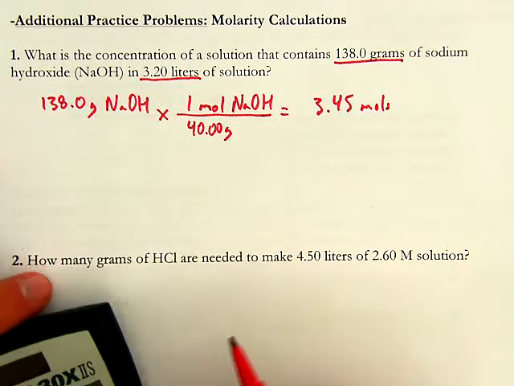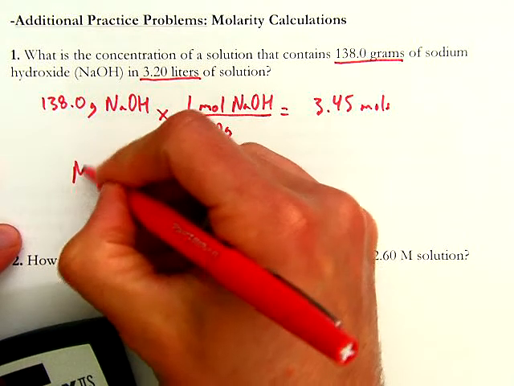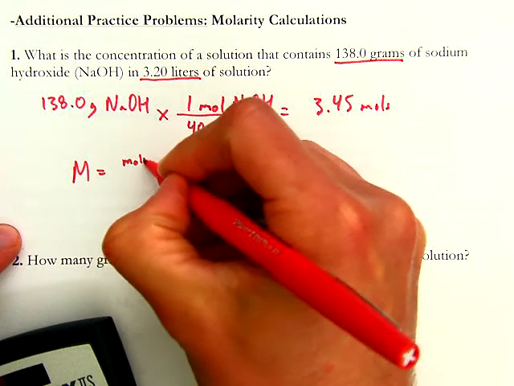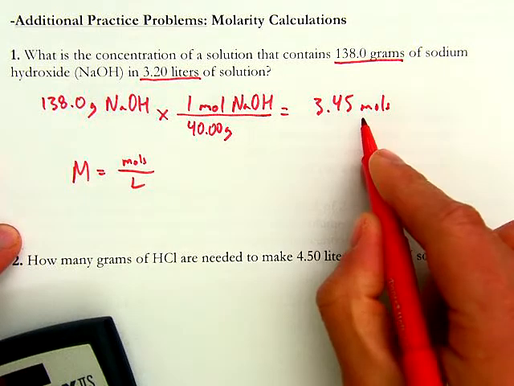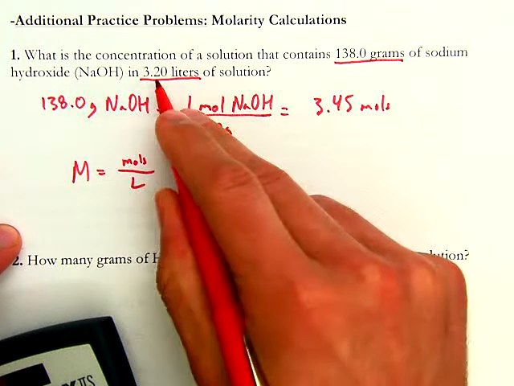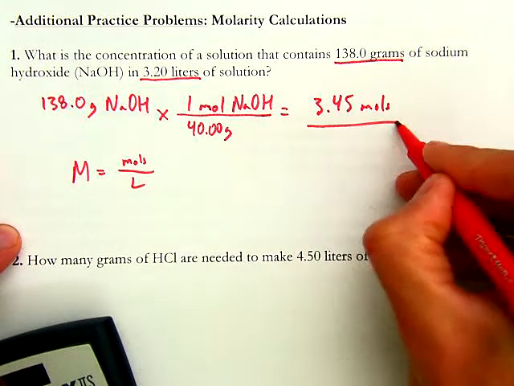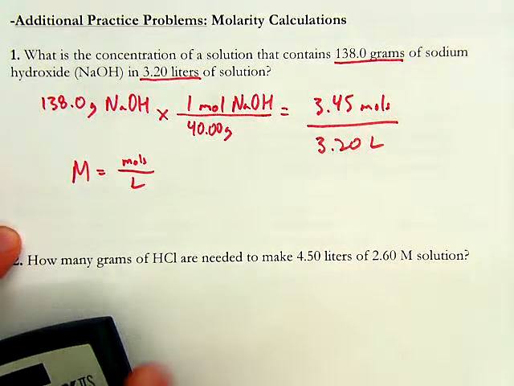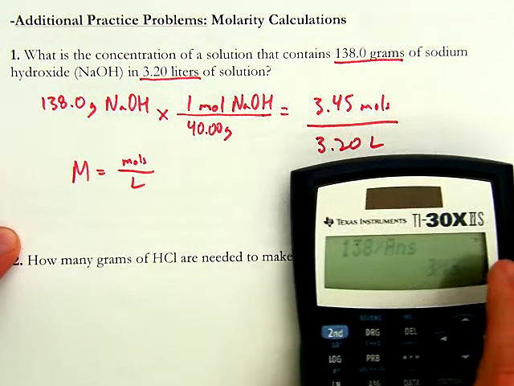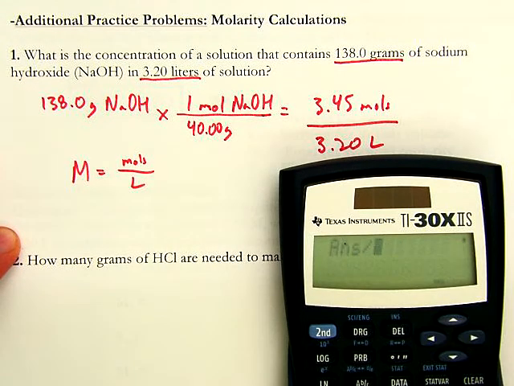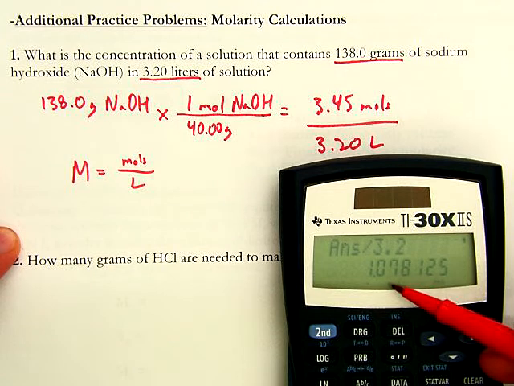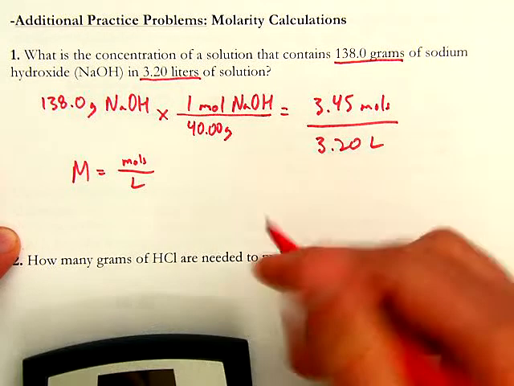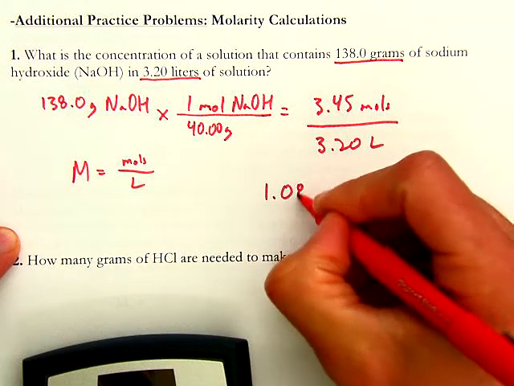Now we're actually ready to do some solving here because remember, molarity is moles per liter. We now have moles and we already have liters. So moles divided by liters gives us the molarity. If I take this and divide by 3.2, I get my molarity, which is about 1.08.